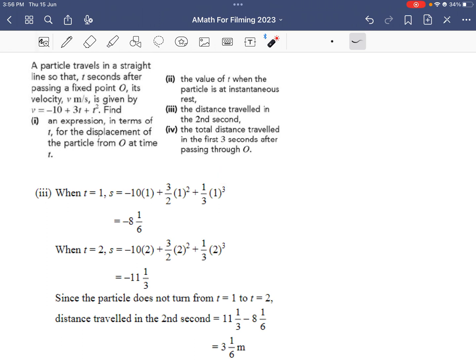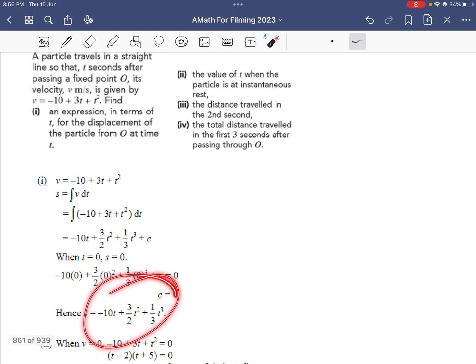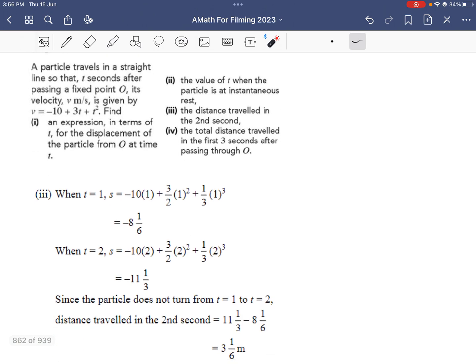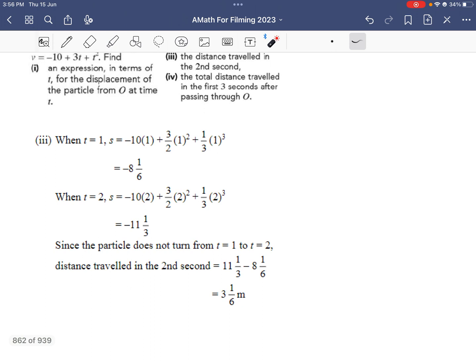So when t equals 1, I use my displacement equation, negative 10t plus 3 over 2 t squared plus 1/3 t cubed. You sub in, you get displacement of negative 8 and 1/6 and negative 11 and 1/3. Since it does not U-turn, you just minus away these two values, which is 3 and 1/6 meters.